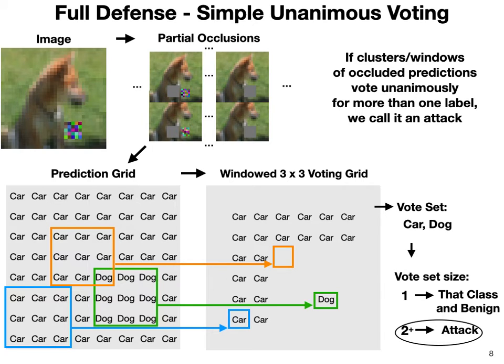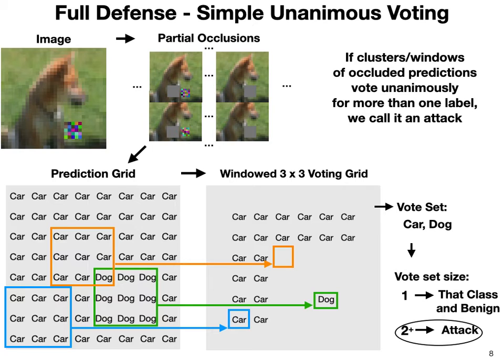For each window, we see if it votes unanimously for a single prediction. If it does, we add that vote to a voting set. For illustration, we highlight each window's vote in a voting grid before collecting them into the voting set on the far right. If a window does not vote unanimously, it does not contribute to the voting set.